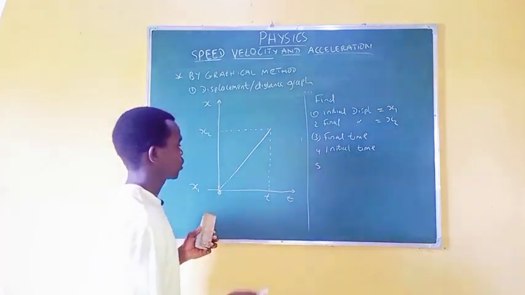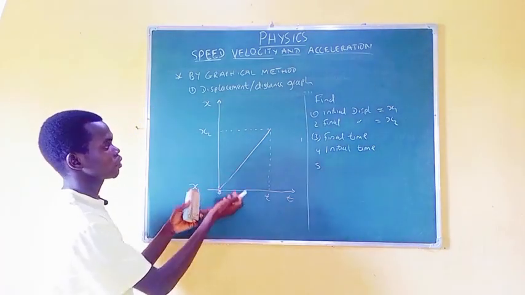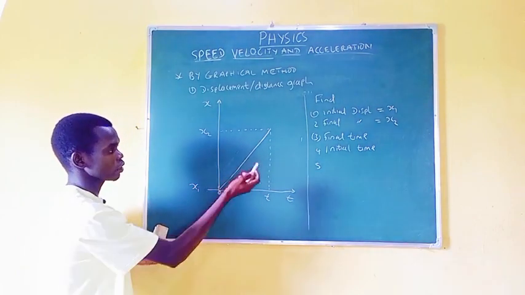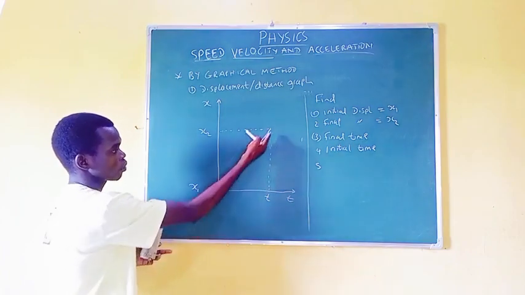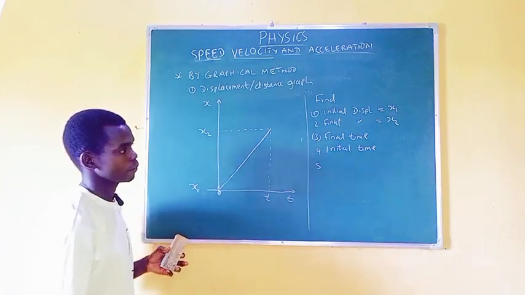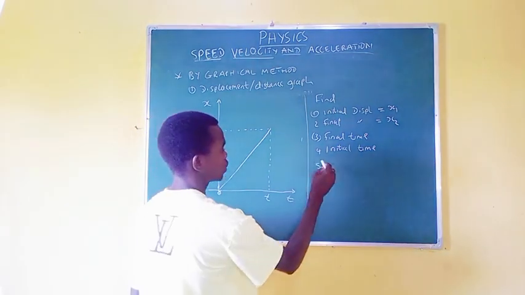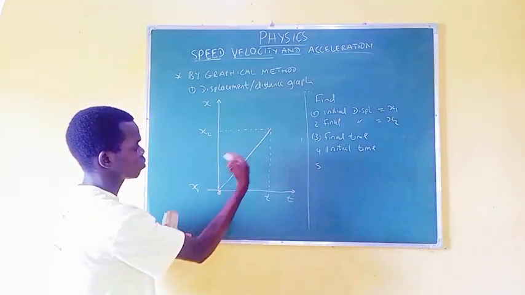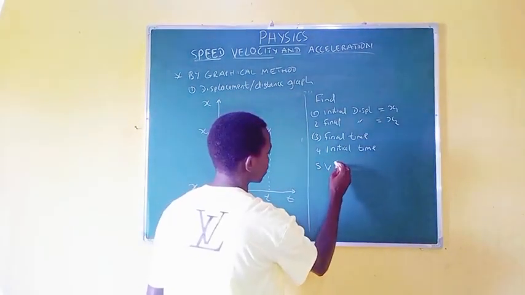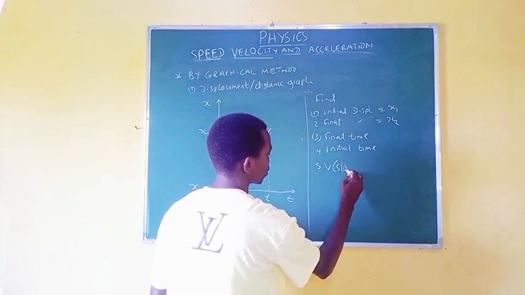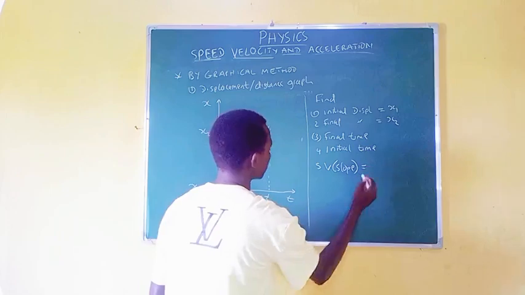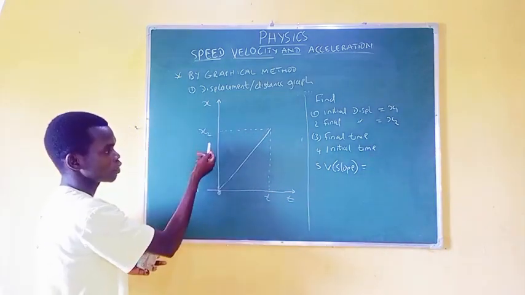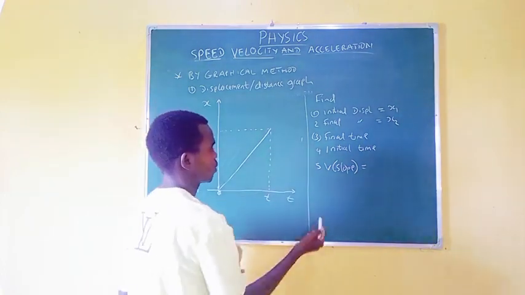We can also find the velocity from this displacement time graph. Velocity is equal to the slope of the graph, which is change in displacement over change in time.